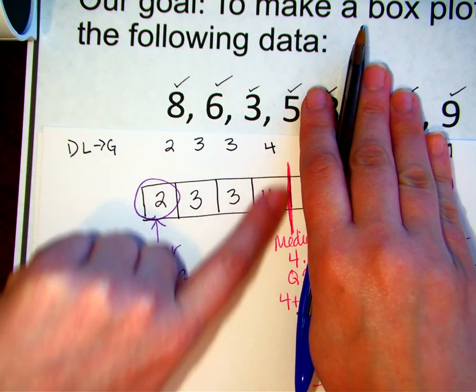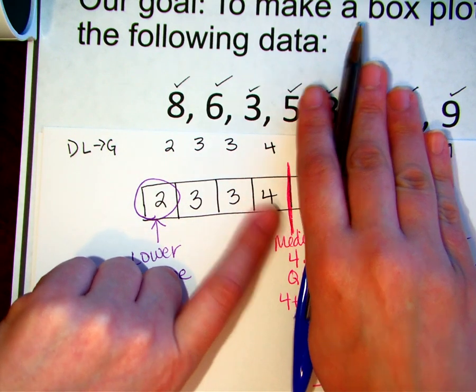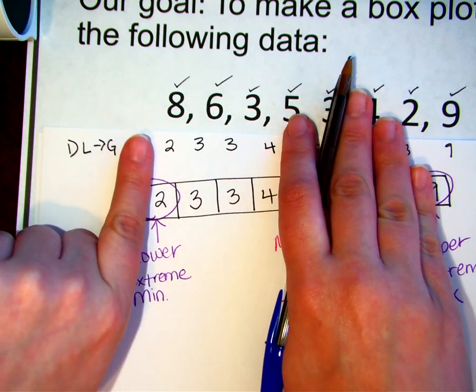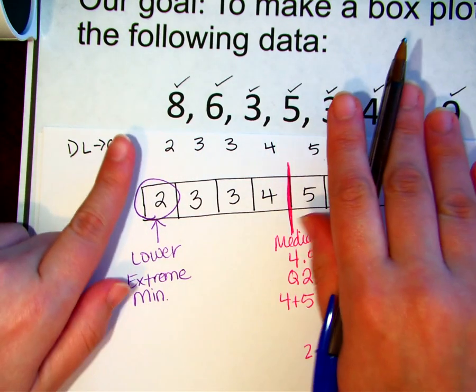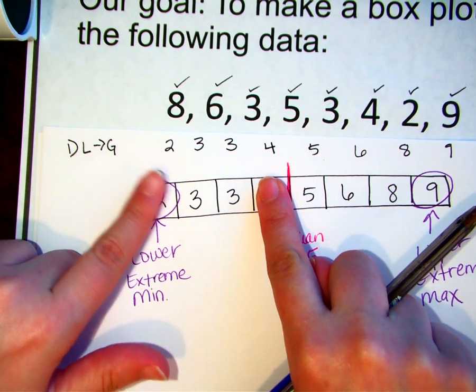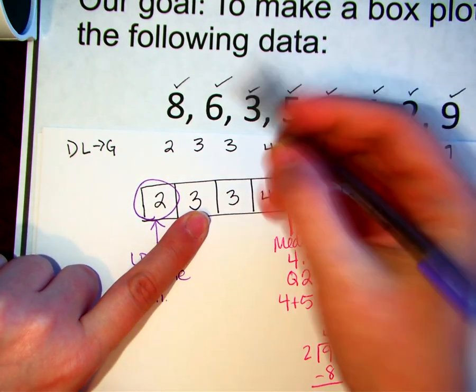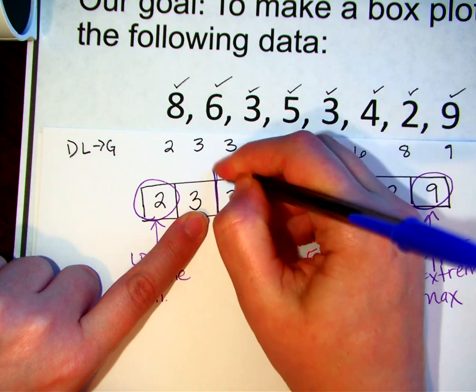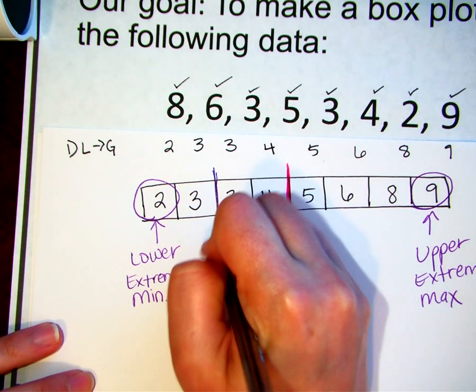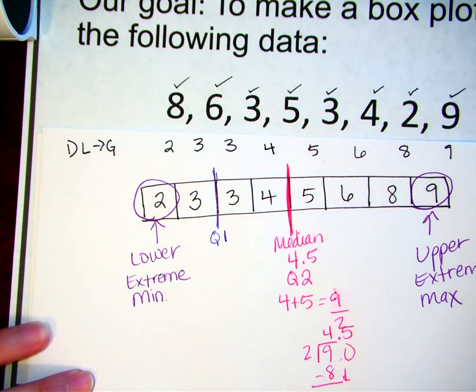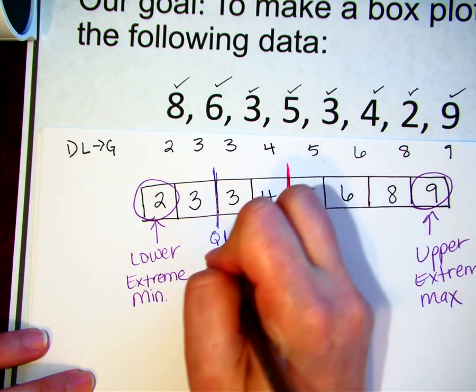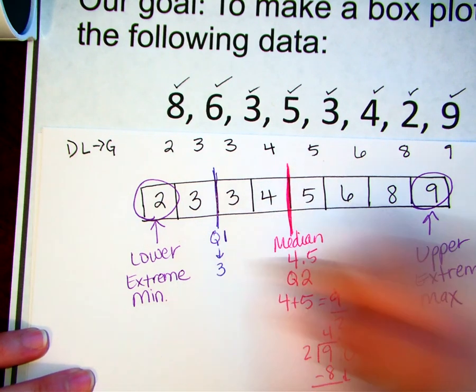So now since our line is right in between the 4 and the 5, we're going to try and find the median of this set of data. So then you can just use your fingers again, cross off the 4, cross off the 2. And since there's 2 3s here, I'm going to draw a line right here. So this would be my Q1, or my quartile 1, and my value would be 3.